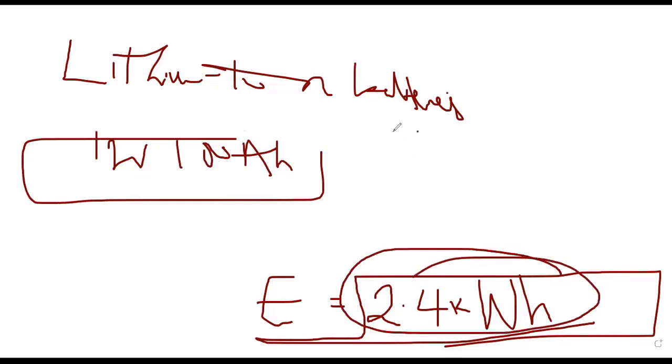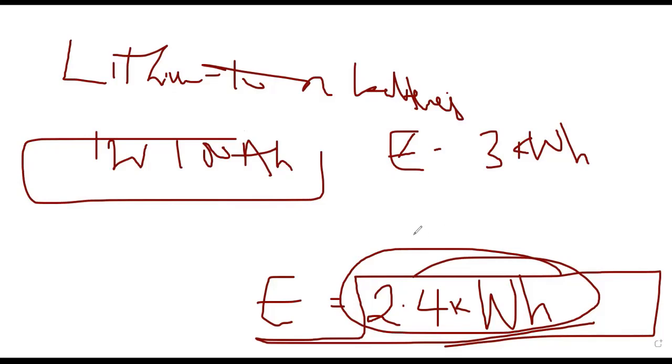So you can see that they will tell you the lithium ion battery energy is maybe 3 kilowatt hour. This is what you will see. You are the one that has to do the conversion to see what voltage.